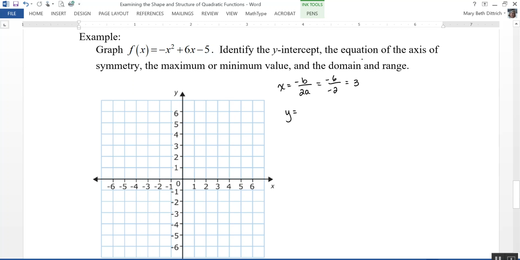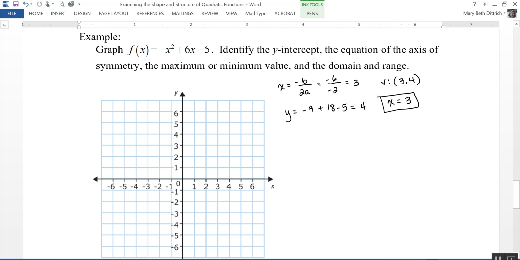So 3 squared is 9 times -1 is -9 plus 18 minus 5 is going to give me a y-coordinate of 4. So my vertex is the point 3, 4. Also, remember that the x-coordinate of the vertex is going to give me my axis of symmetry. So my axis of symmetry is the vertical line x equals 3.